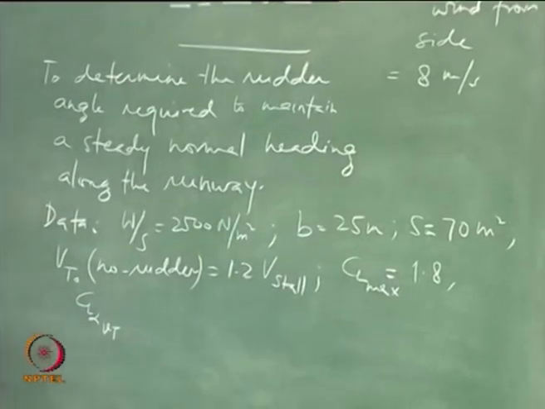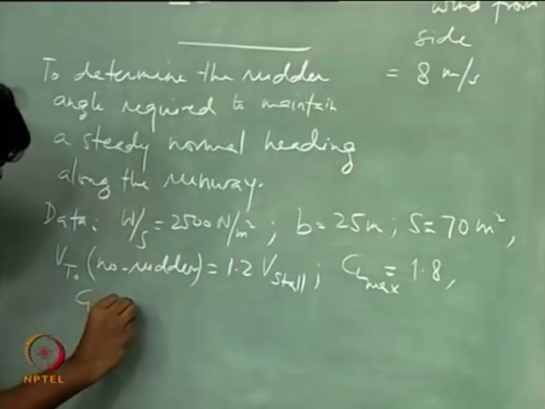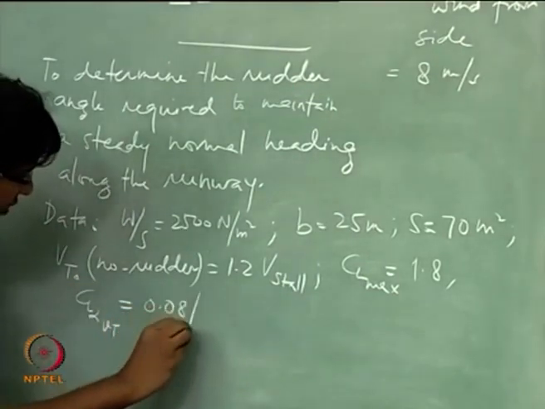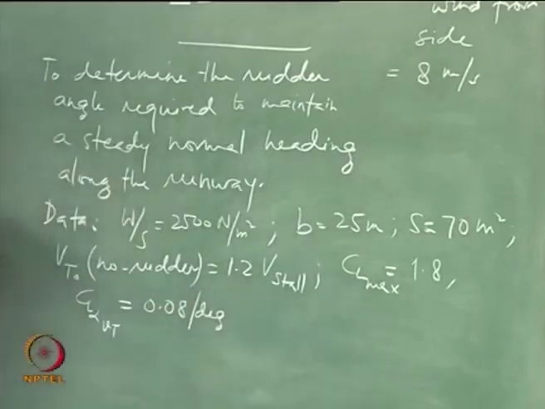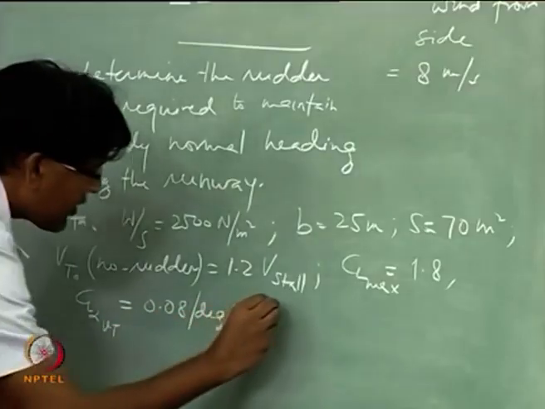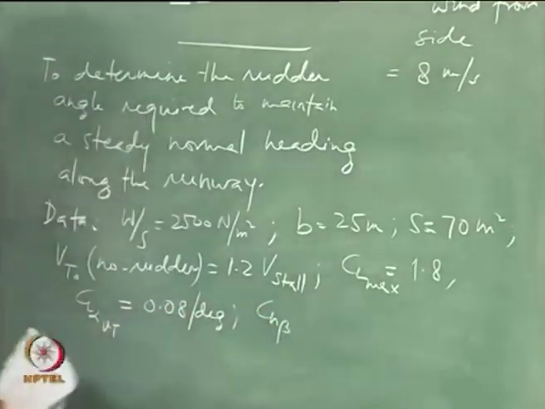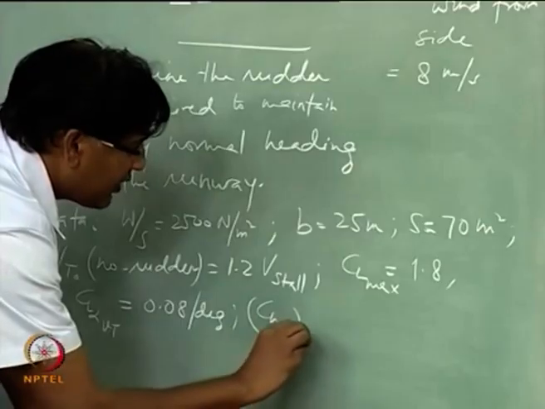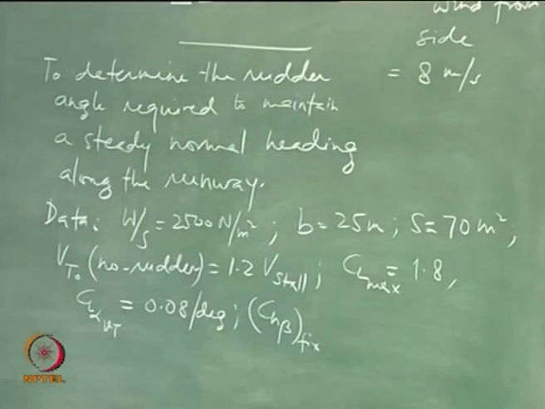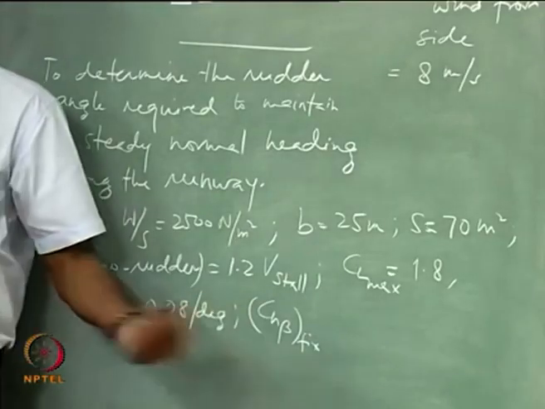Then the lift curve slope of the vertical tail with sin beta fixed. Remember we talked about stick free stability and stick fixed stability. In this case this sin beta is for the rudder which is fixed.